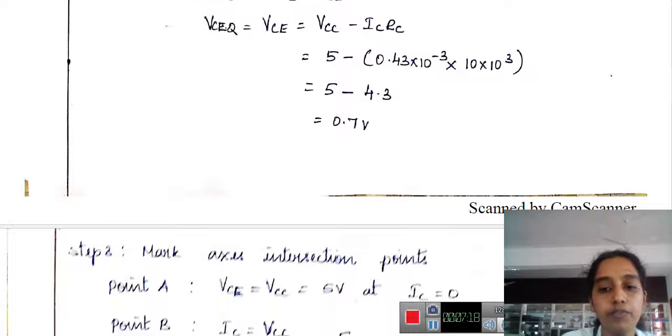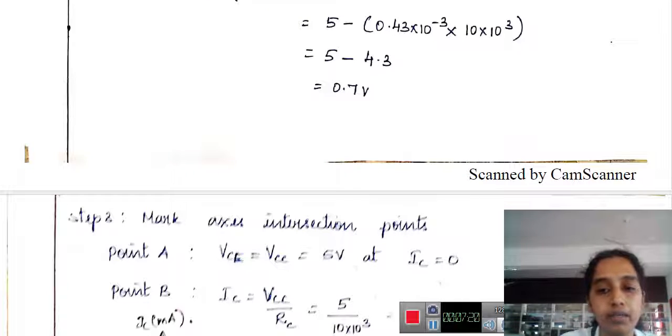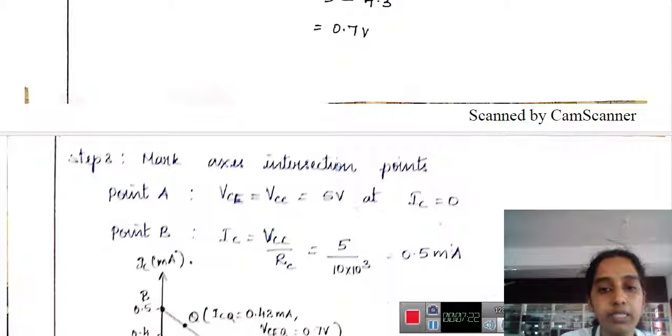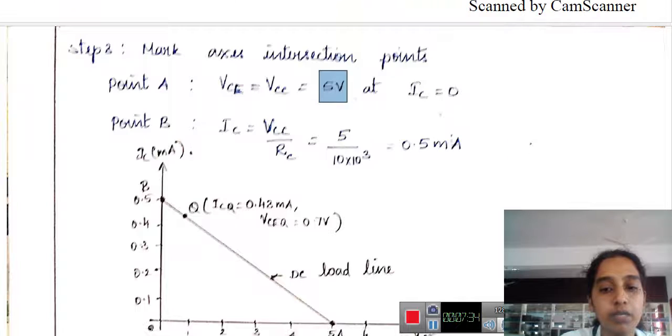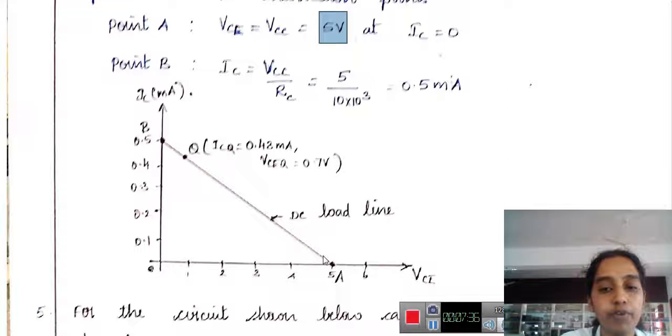Now I have to find the DC load line. For point A, I am going to consider VCE equal to VCC. I know that VCC is 5 volt, so VCE is 5. First we draw a graph with the x-axis as collector to emitter voltage and the y-axis as collector current in milliamp.